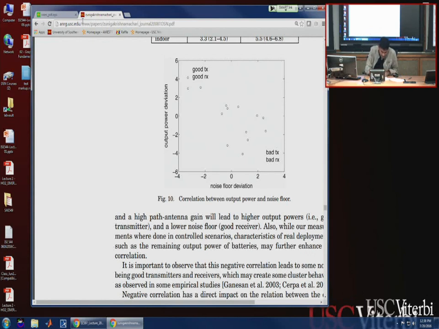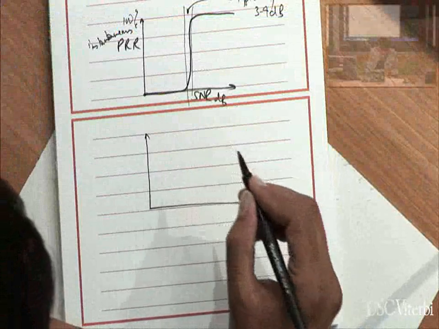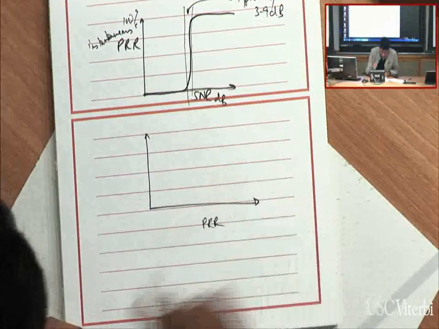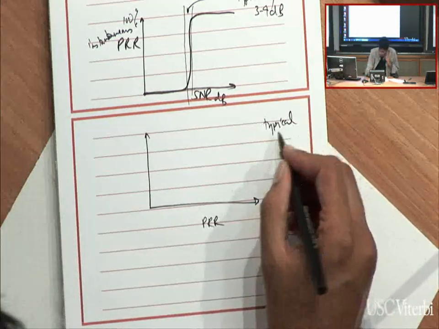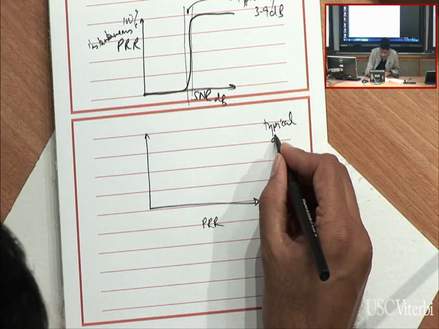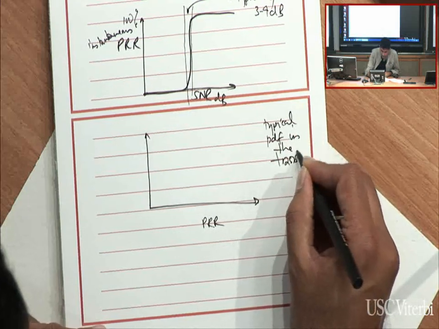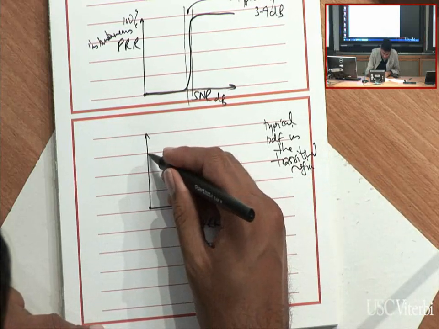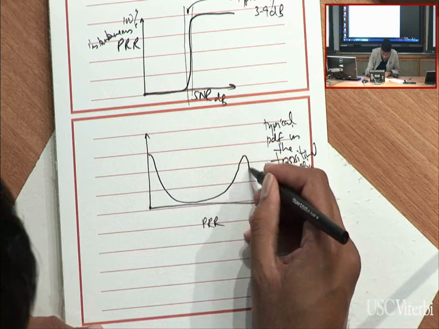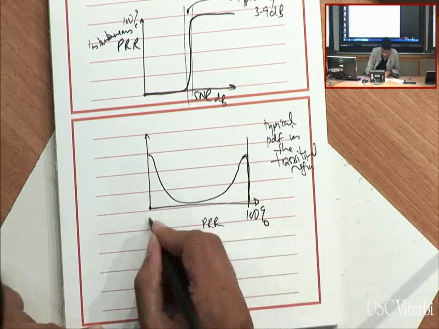So if you want to imagine what that's describing, if this was PRR, and you're looking at some typical PDF in the transitional region, you might see a curve that looks something like this, where this point here is 100%, this point here is 0%.